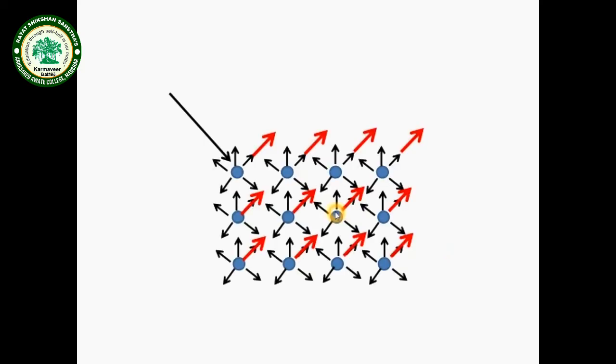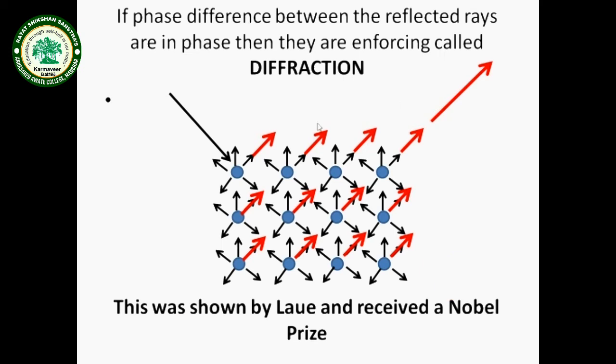So here the maximum intensity or the constructive interference we have shown, and that is represented by this dark red arrow, which indicates that in a certain direction interference will take place, and this depends upon the phase.